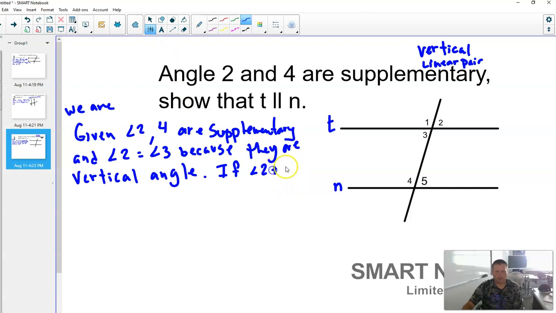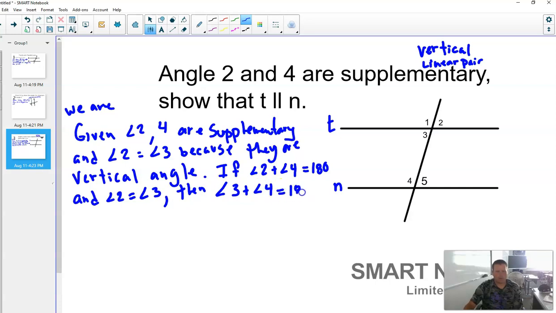So angle 2 plus angle 4 equals 180, and angle 2 is equal to angle 3, then angle 3 plus angle 4 equals 180 by substitution.